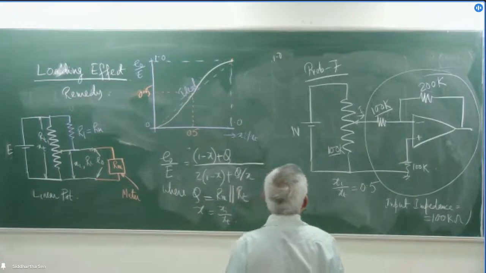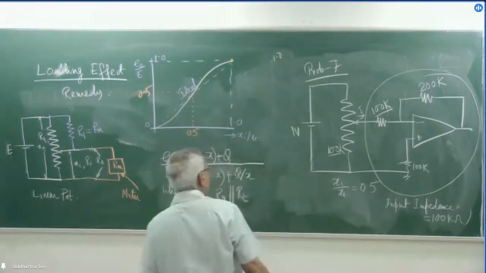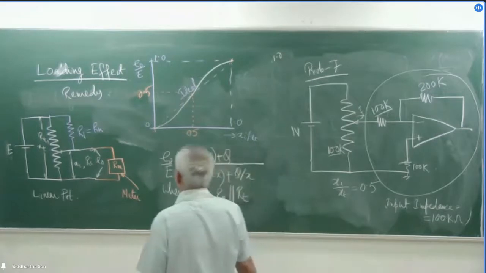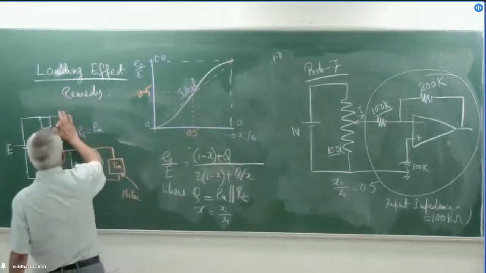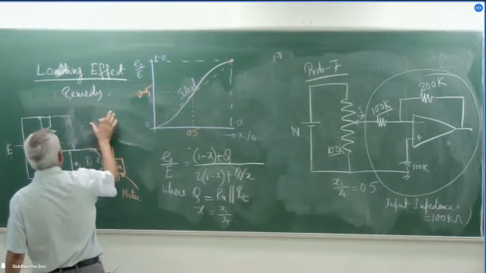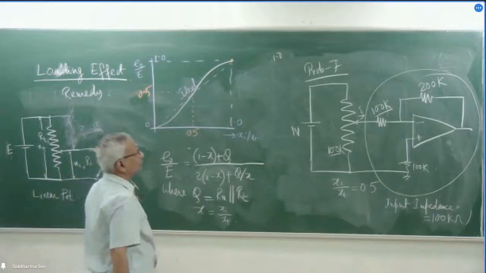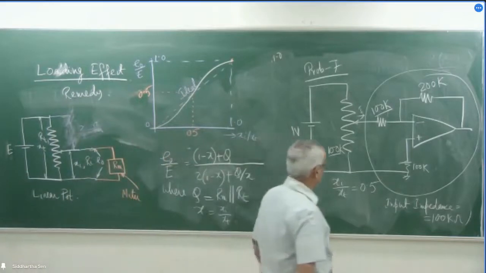And naturally, it will be the same case as we considered earlier without Rm. That Rm is nothing but this 100K there.